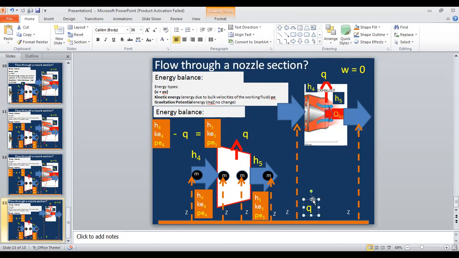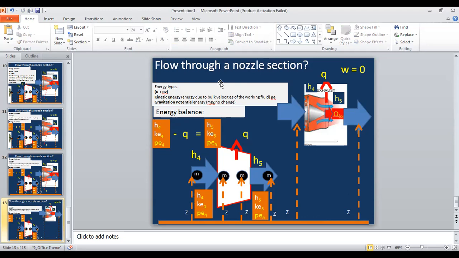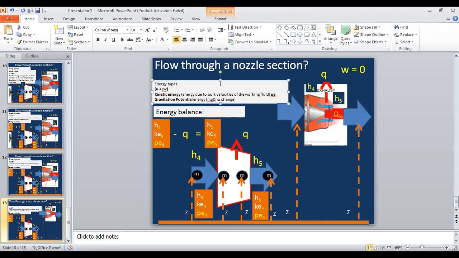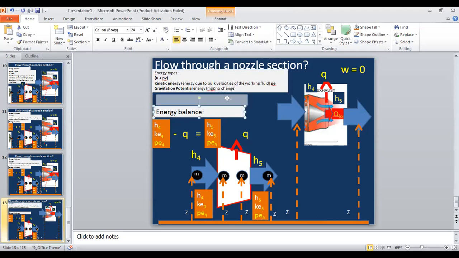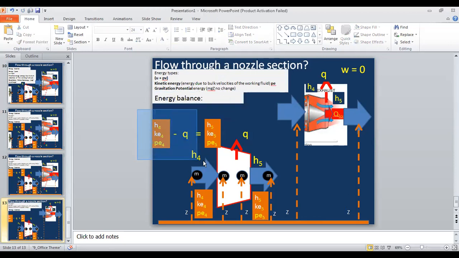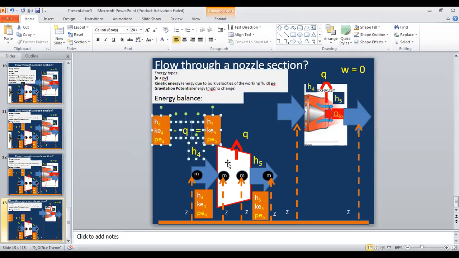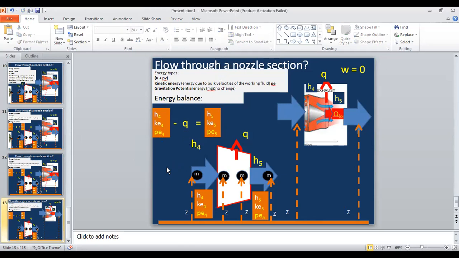Interesting. So this is your equation. Energy balance. Okay, good.